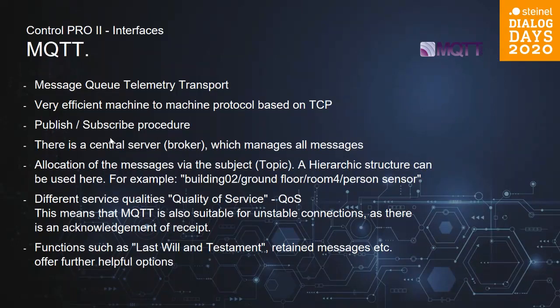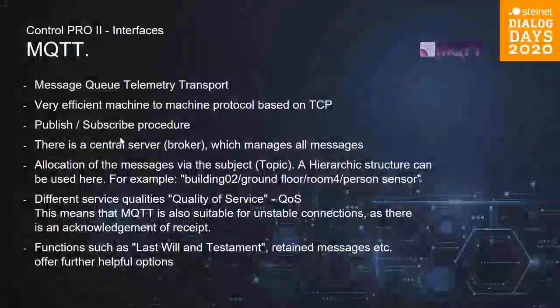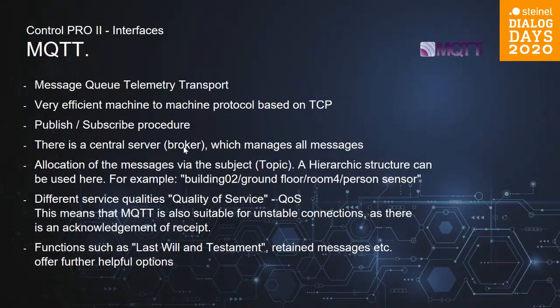The allocation of the message is via the subject or the topic, and there's a hierarchy structure that can be used here. We have different service qualities, or quality of service. This means that MQTT is also suitable for unstable connections, as there is acknowledgement of receipt. Functions such as last will and testament, retained messages, etc. offer further helpful options.